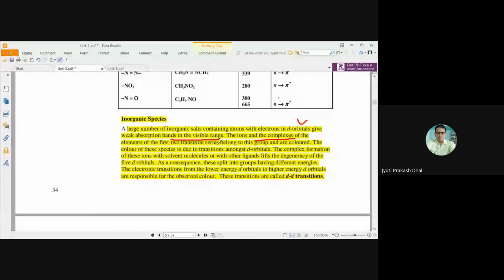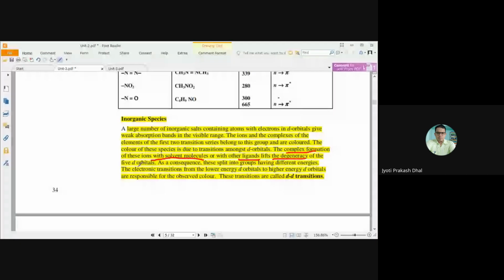The ions and the complexes of the elements of the first two transition series belong to this group, and these are colored. The color of these species is due to transition of electrons among the d orbitals. So the complex formation of these ions with solvent molecules or with other ligands leads to the removal of degeneracy of the 5d orbitals.